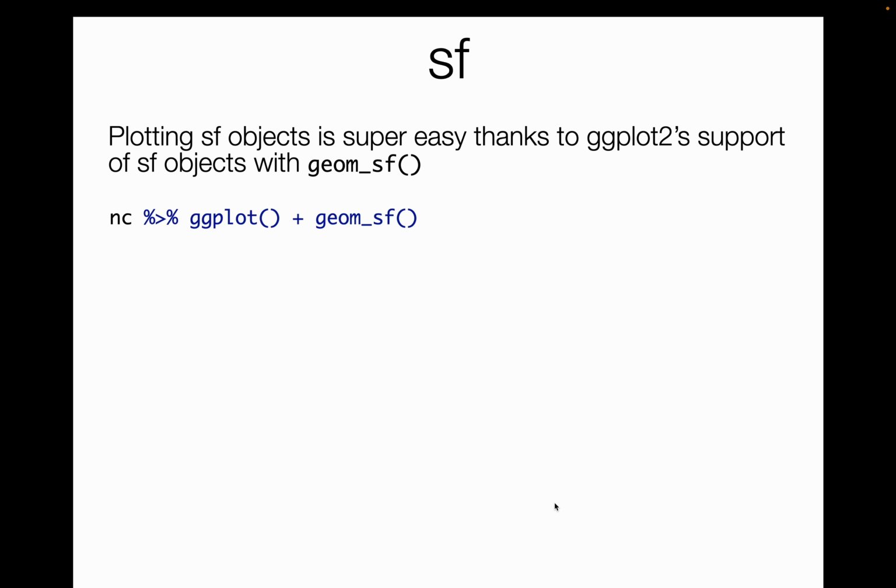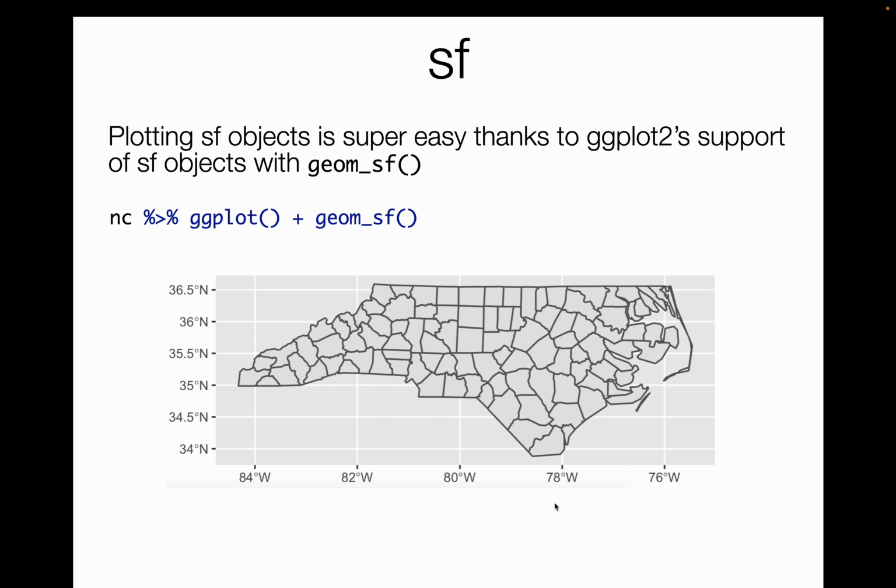Here I pipe it in, but you could just put it in and run geom_sf, and you get this, which you should recognize from your U.S. history class as North Carolina, and all of the counties, or rather their boundaries, right? That's what that sf object holds. It has other information, but it holds these bounding boxes of the counties.